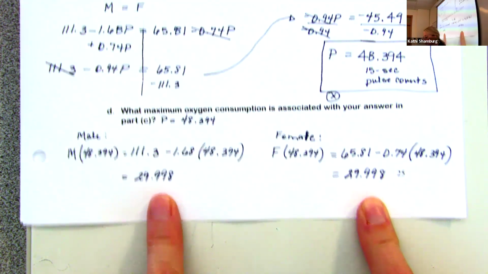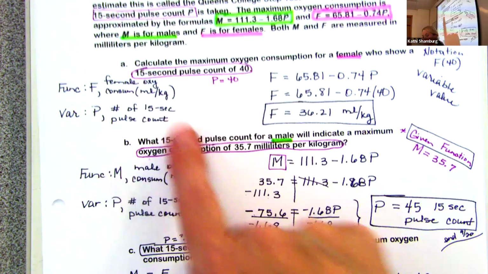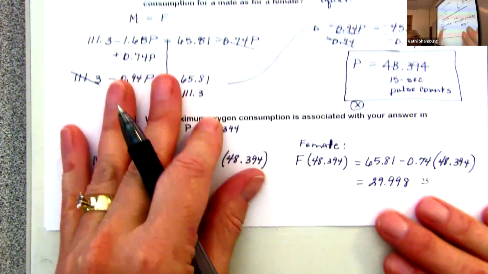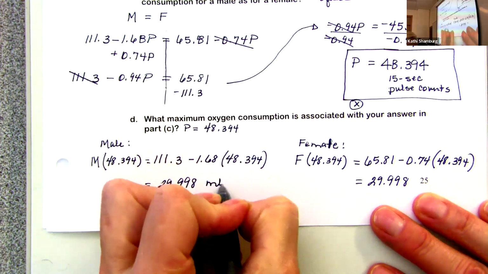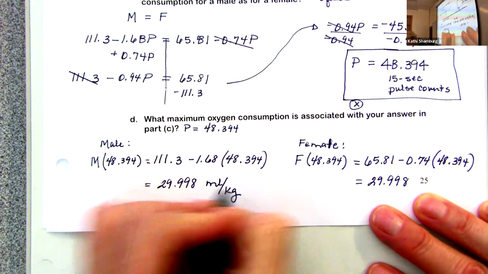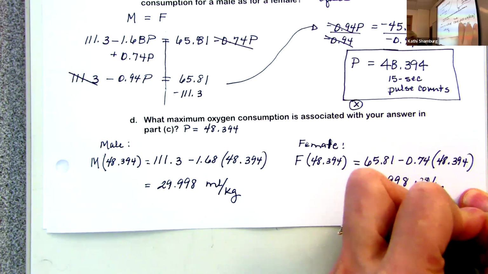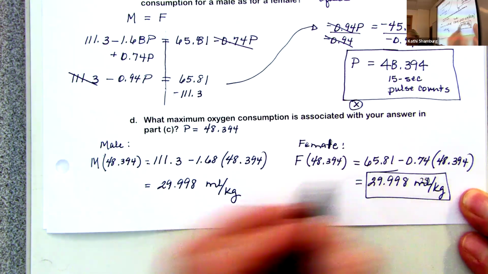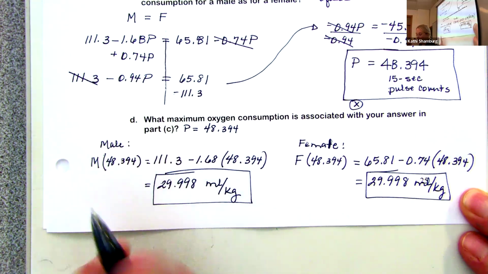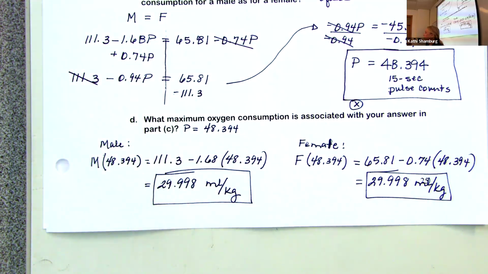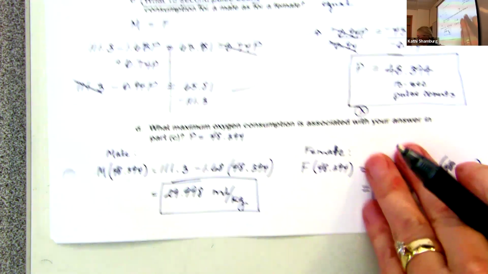The oxygen consumption, which was measured in milliliters per kilogram. So if this were on a test, you would want to show me the work. Instead of show me the money, you're going to show me the work. Okay? All right.